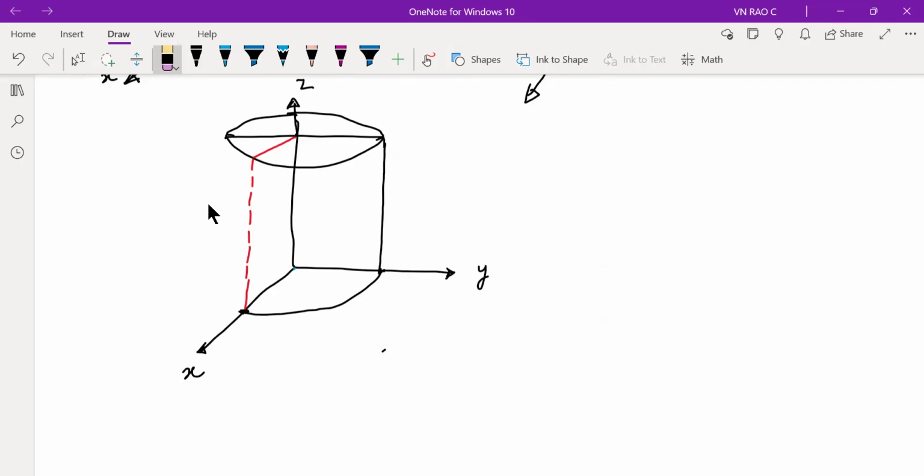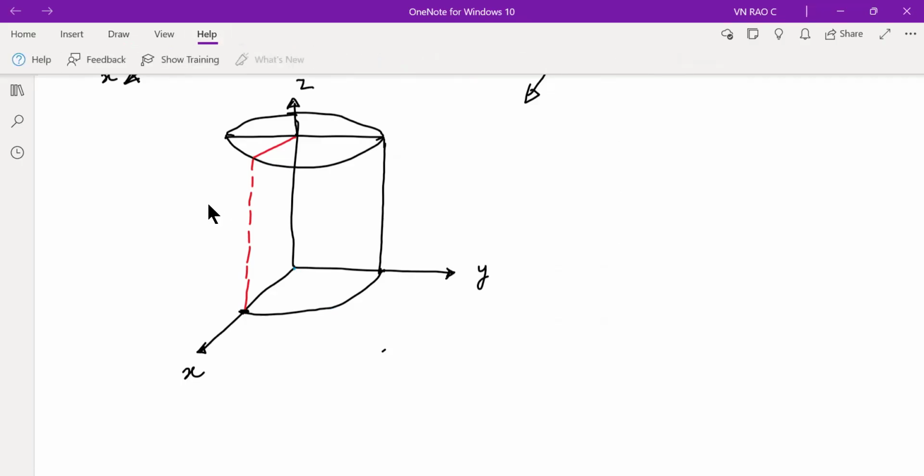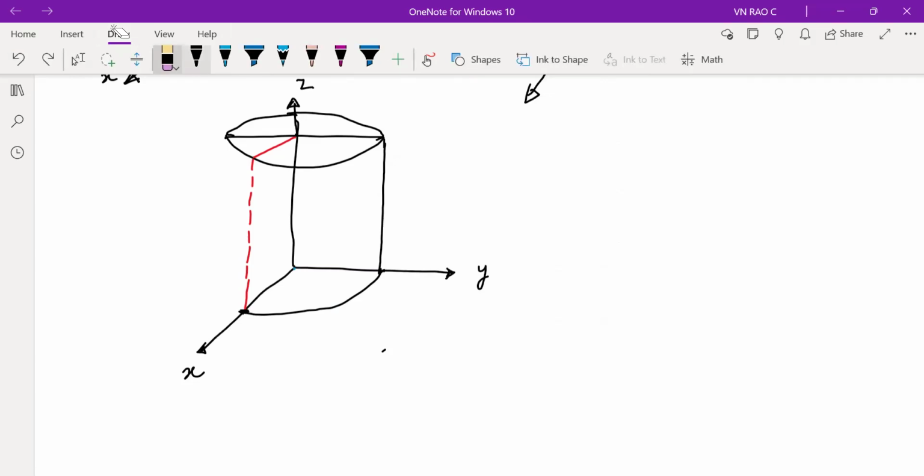Let me again draw with a little more taper here. Now this portion is the angle. This is theta bar. That is what we are trying to see. And this is the R.